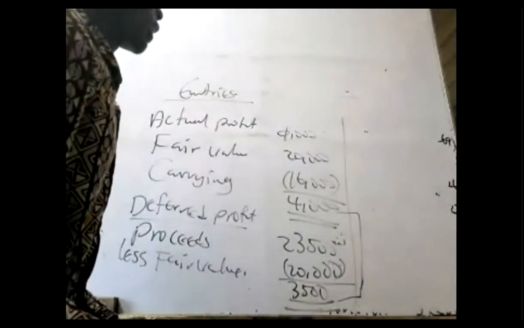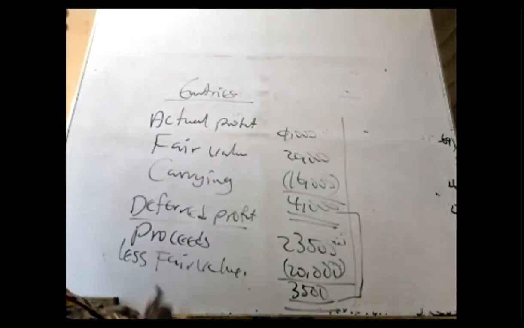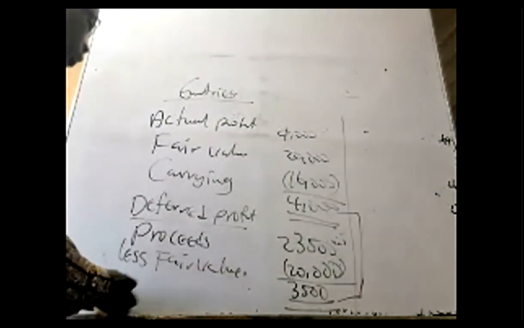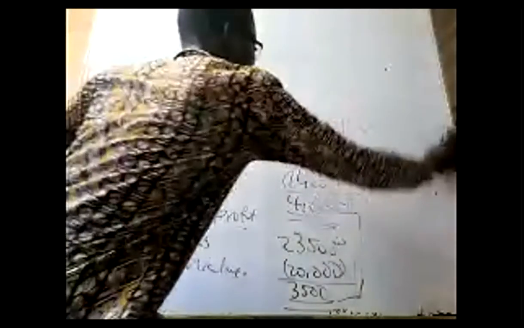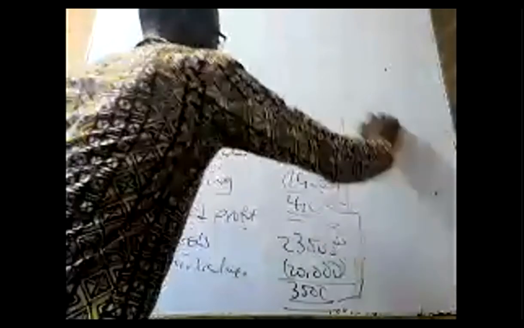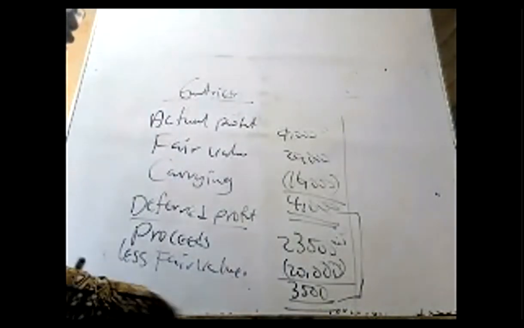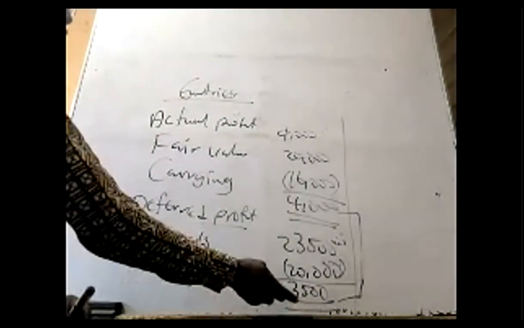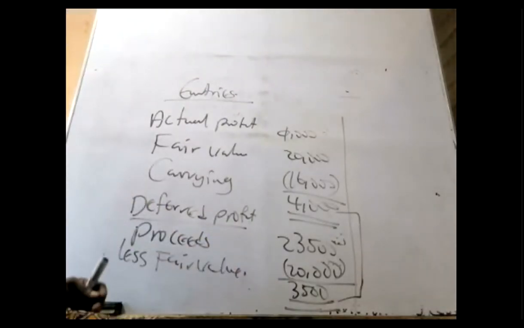So I need to reverse to the tune of what? They have recorded this. So I can reverse the 3,500 from it because the 3,500 need not be recorded there. It needs to be amortized.